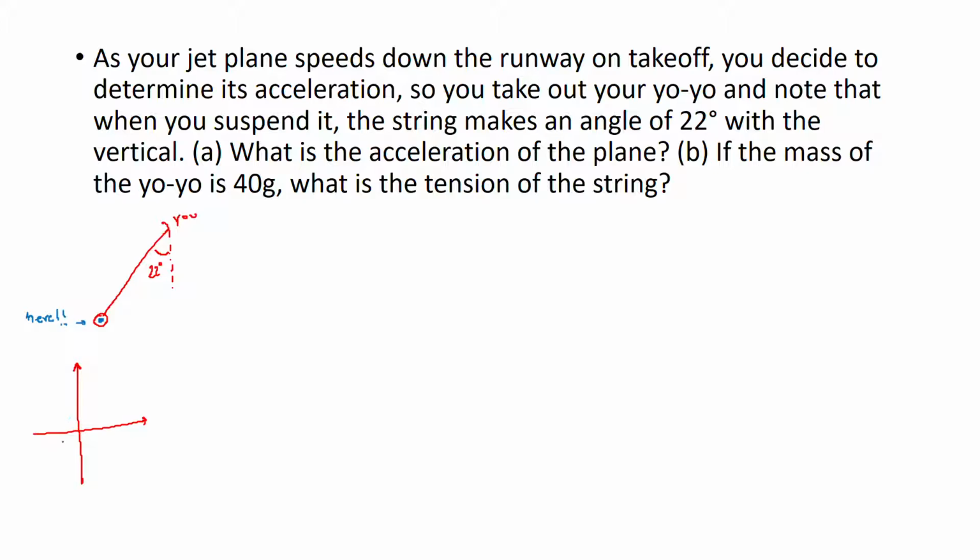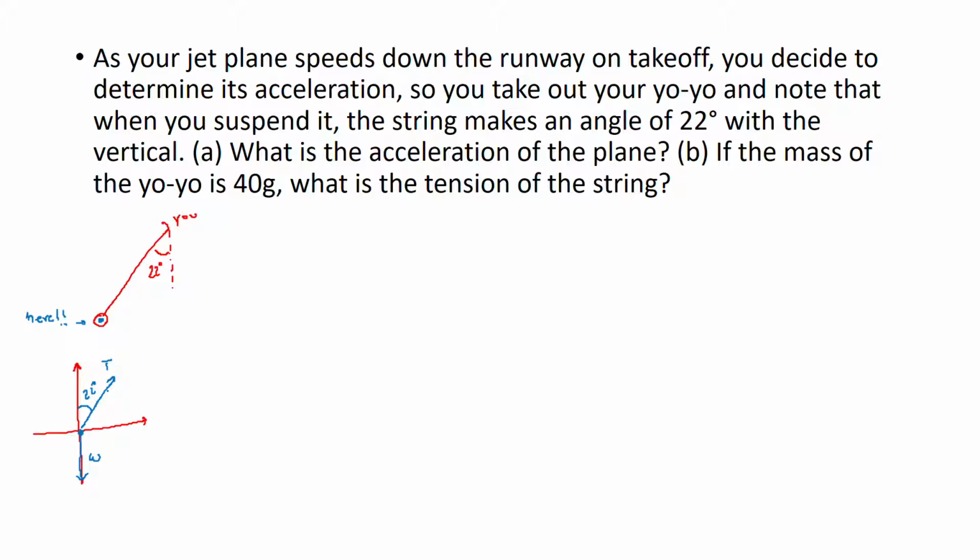The mass is going down, so there we have weight, and this tension. We know that the angle is 22 degrees with respect to the vertical, so the angle is going to be here.